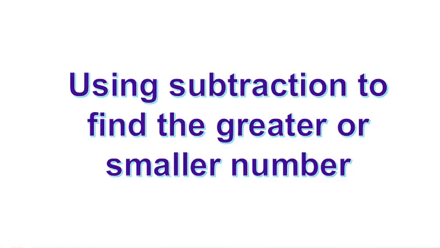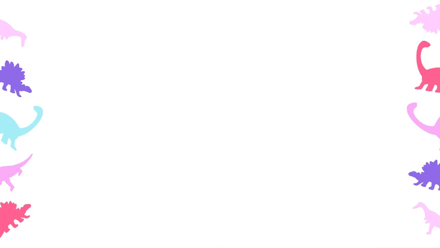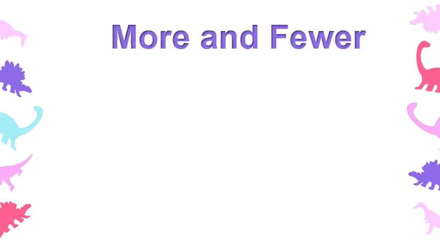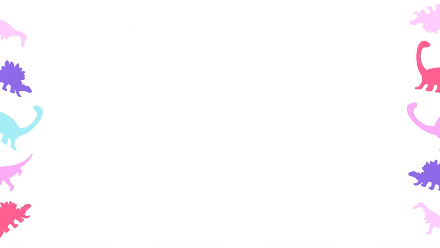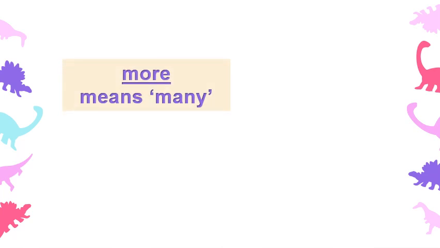Using subtraction to find the greater or smaller number. Last time we learned the words more and fewer, right? Can you still remember? More. Say the word more. When you say more, it means that many.